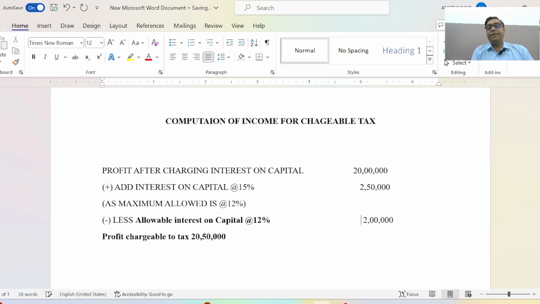But as per the partnership deed, the firm is providing 2 lakh 50,000. 2 lakh 50,000 minus 2 lakh is equal to 50,000. So 20 lakh plus 50,000 is 20 lakh 50,000.